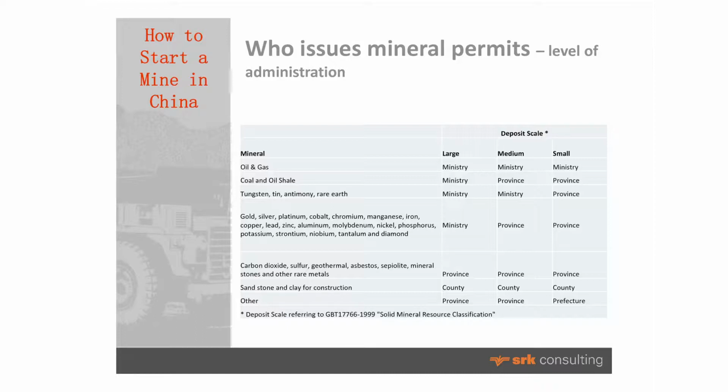For example, if you look at this one, I think the mineral permits are related to the deposit scales. So you've got large, medium, and small. Quite often, for the larger scale deposits, the permits will be issued at the ministerial level, but medium or small ones can be issued by the provincial, prefectural, or county level.